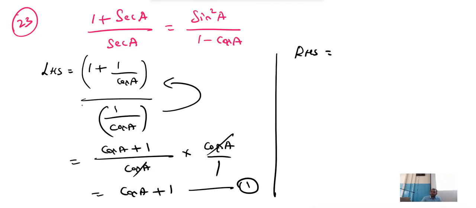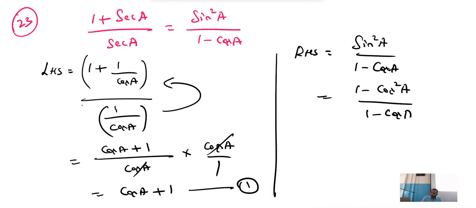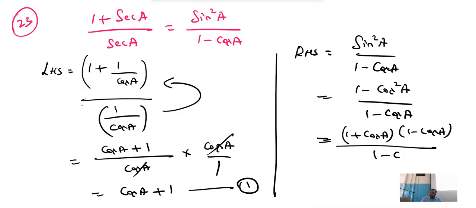Okay. Then here, sin square A by 1 minus cos A. What is sin square A? 1 minus cos square A by 1 minus cos A. 1 can be written as 1 square, so it becomes A square minus B square. A square minus B square is A plus B into A minus B, divided by 1 minus cos A. 1 minus cos A gets cancelled.